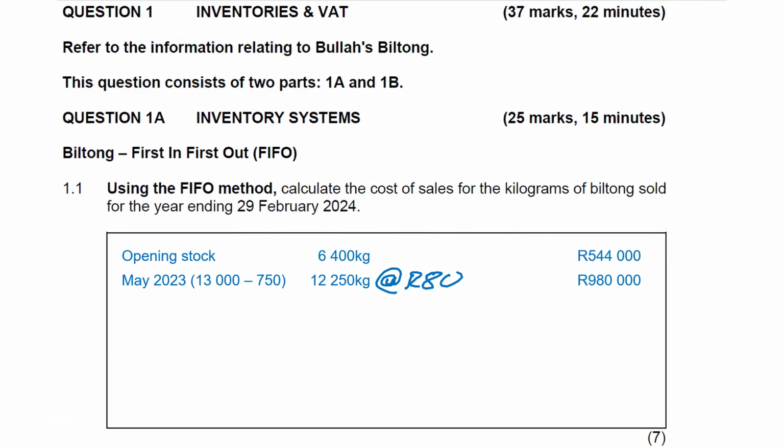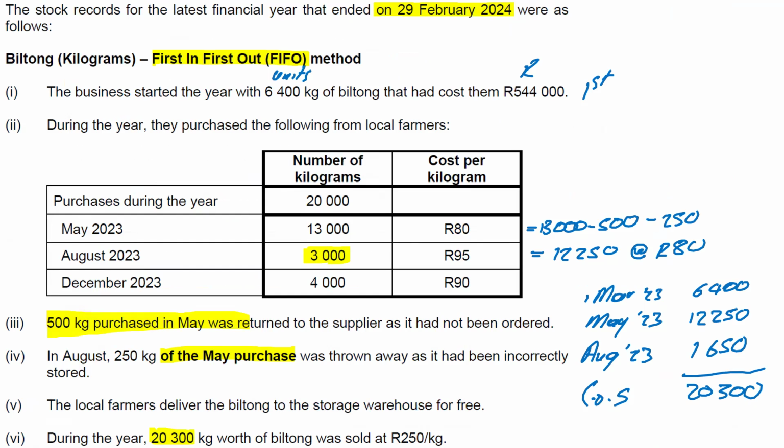Remember, in total, we sold 20,300 kgs of biltong. Now, that means 1,650 of those kgs will come from August. In August, we had 3,000 kgs of biltong, and we only need to sell 1,650. Now, let's look at the cost price of this stock of biltong in August.